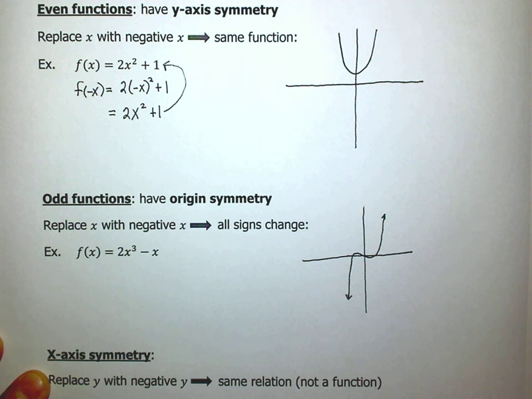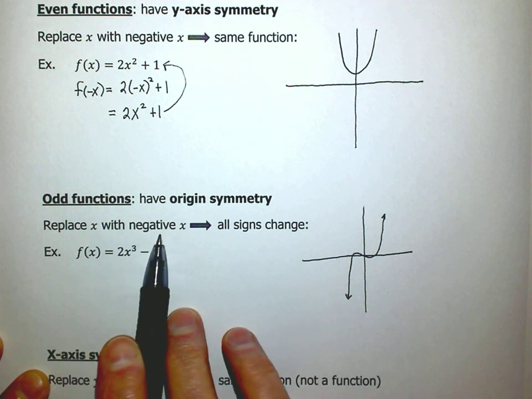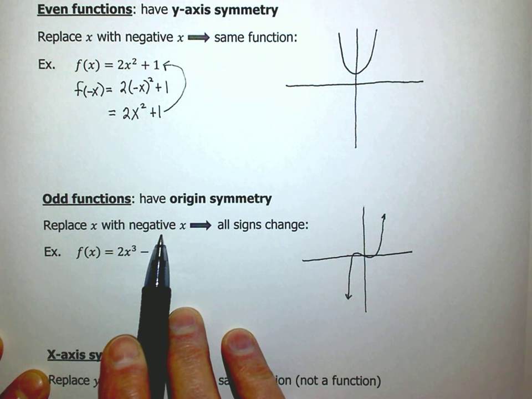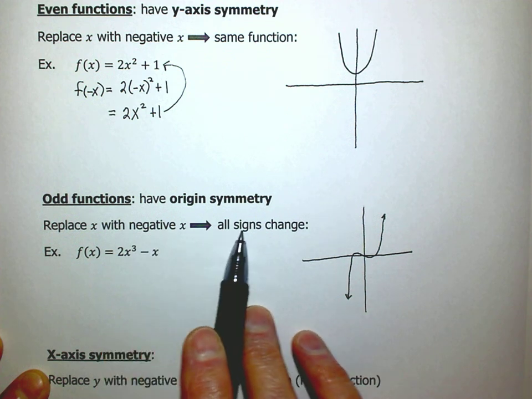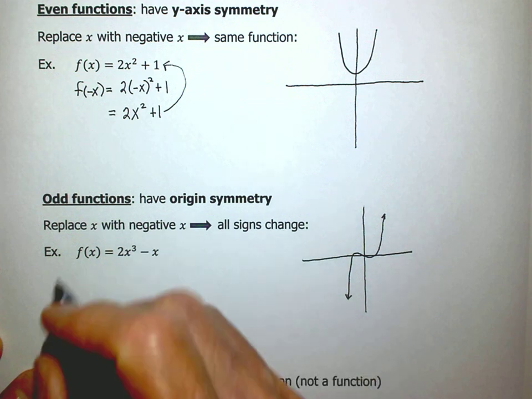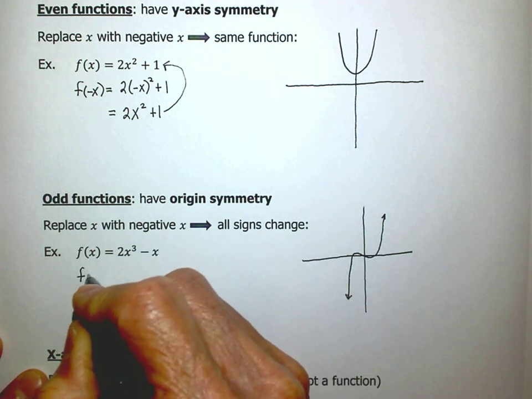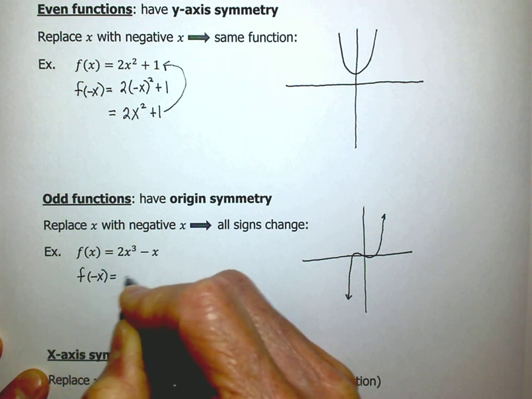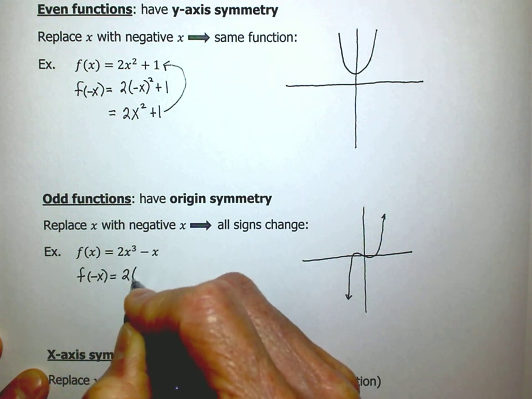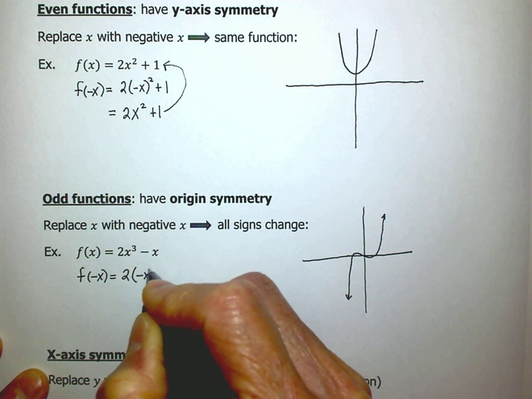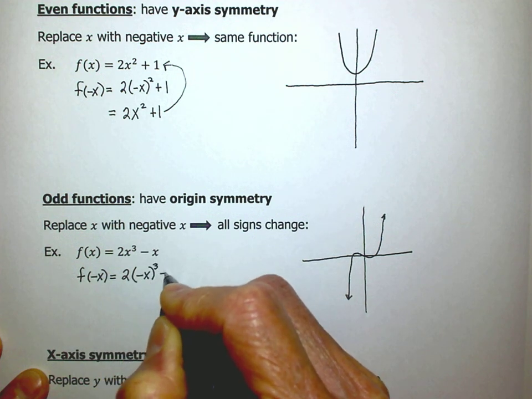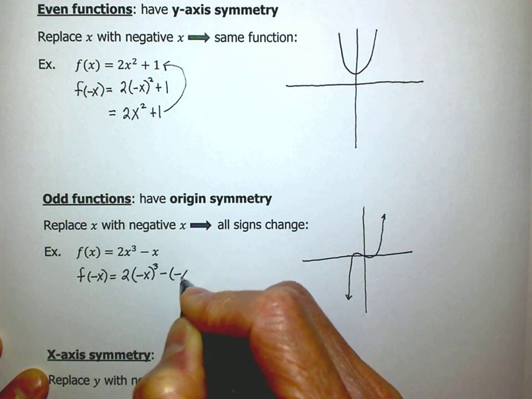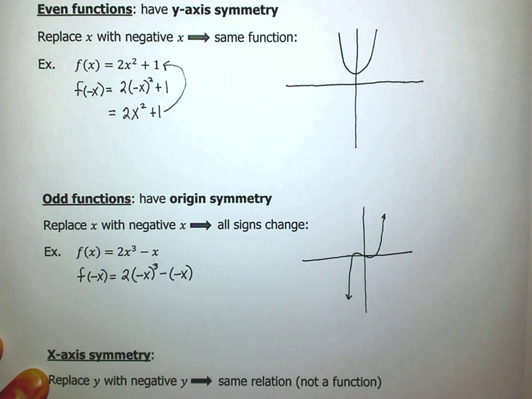We can also check it out algebraically by replacing x with negative x and simplifying the result, and all of the signs should change. So f of negative x: I replace all my x's with negative x. Now let's simplify.